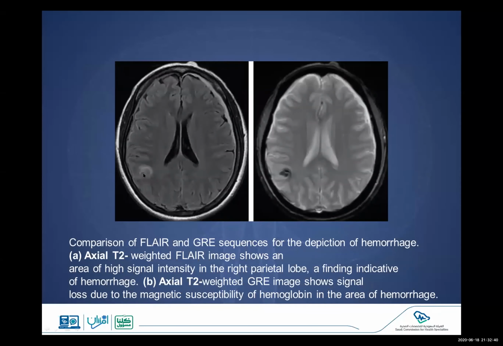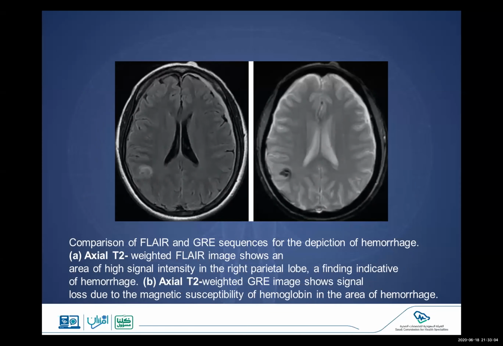So this is a comparison between a FLAIR sequence and a T2 star image, or gradient with T2 star. As you can see, T2 star is really sensitive to hemorrhage. Because of the susceptibility effect, gradient echo sequences usually have very high sensitivity to any component of iron.